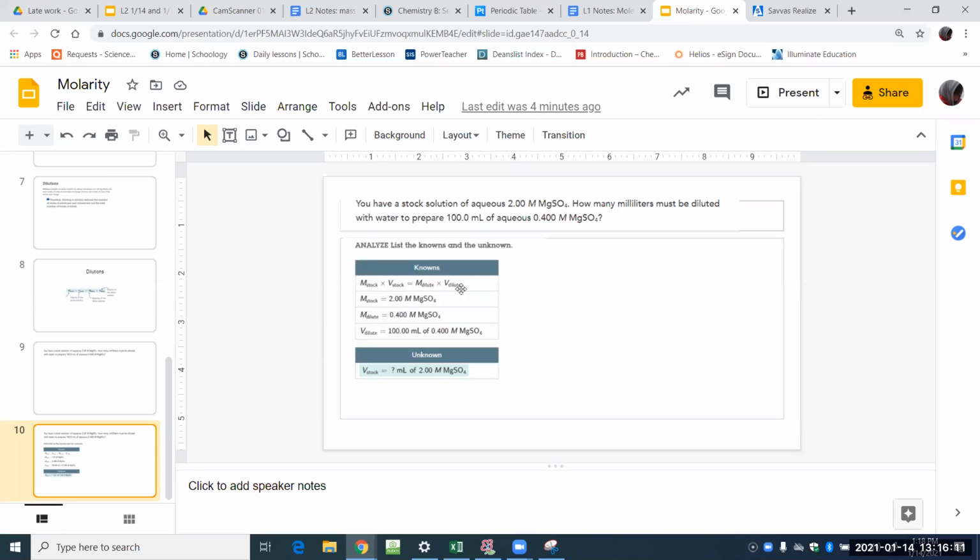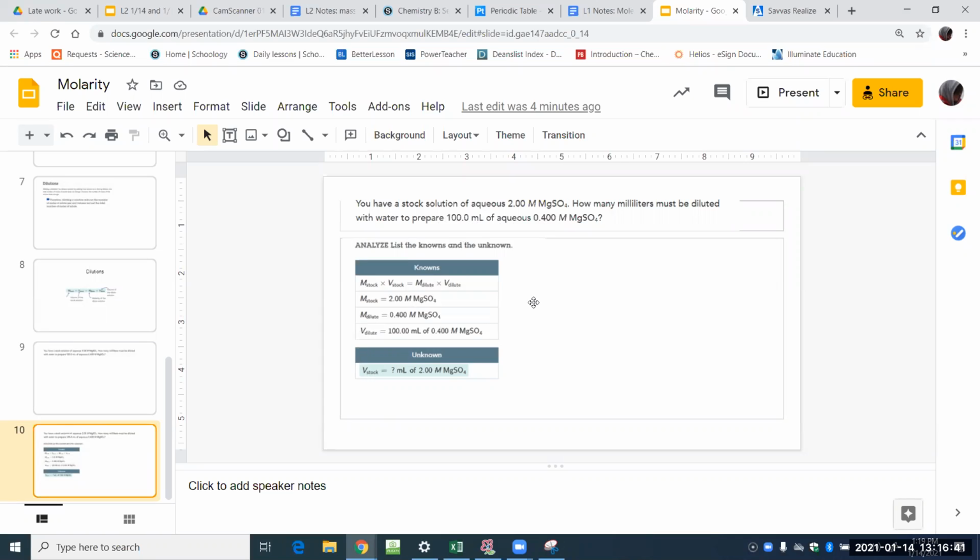Here's the formula. You know the concentration of the stock. You want to know the volume of the stock. You have your target concentration, what you want to make, which is right here, and you have a volume of your target, which is right here.